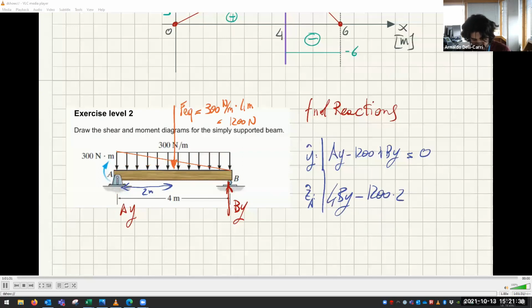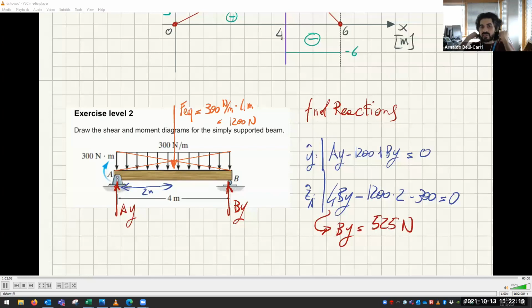This is a negative moment because it's clockwise. So again, minus 300 Newton meters equals 0. So from this, I get that BY equals 2400 minus 300 divided by 4, so 525 newtons.